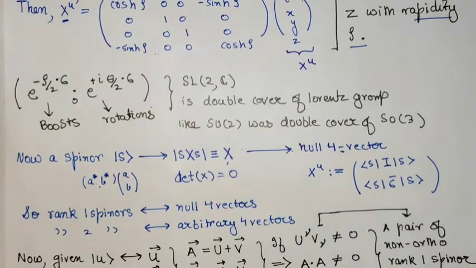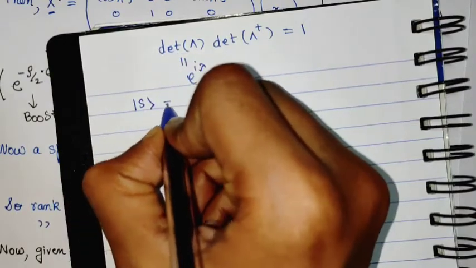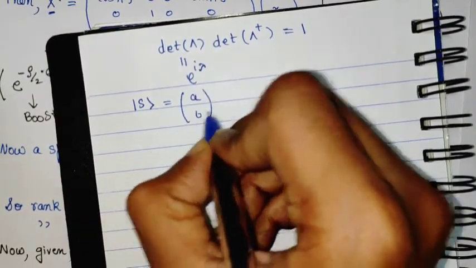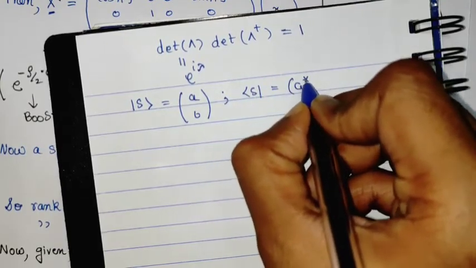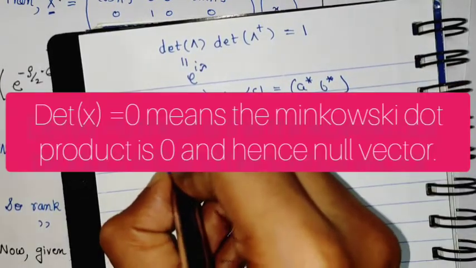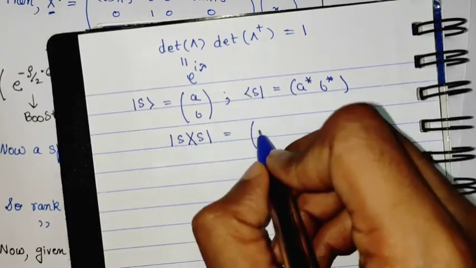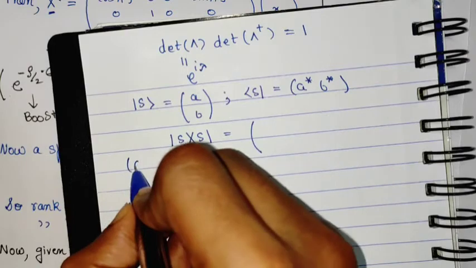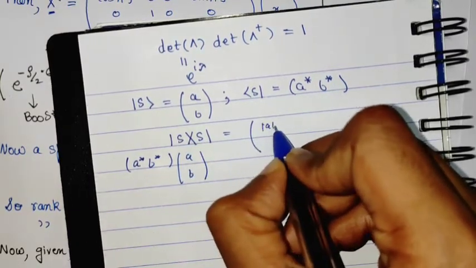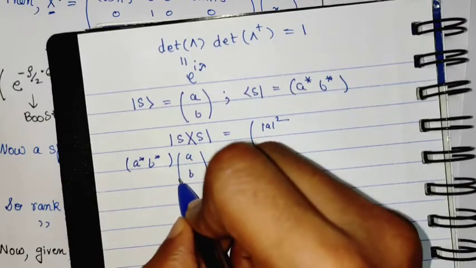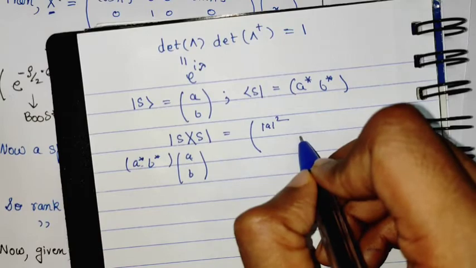It is easy to check here. Suppose you have S as AB, and then you have this as A star B star. Then we have to just multiply them. So it is A star B star, and then it is AB, so it is mod A square, and then this goes with this, and the second one is this.